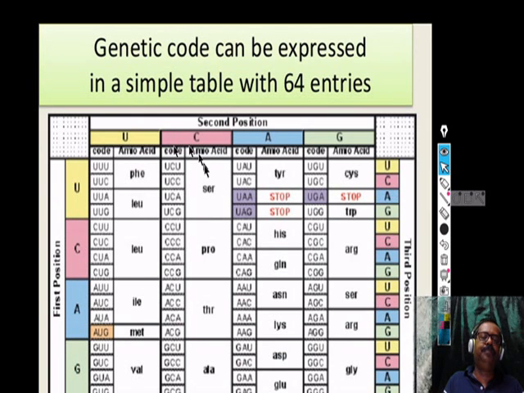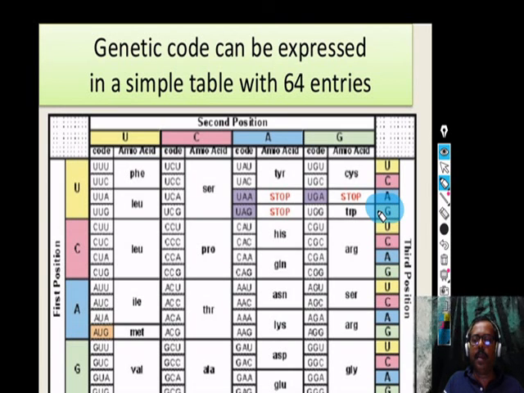Here you can see that there are certain amino acids which are coded by a single codon. For example, methionine is coded by AUG, and another one is tryptophan.